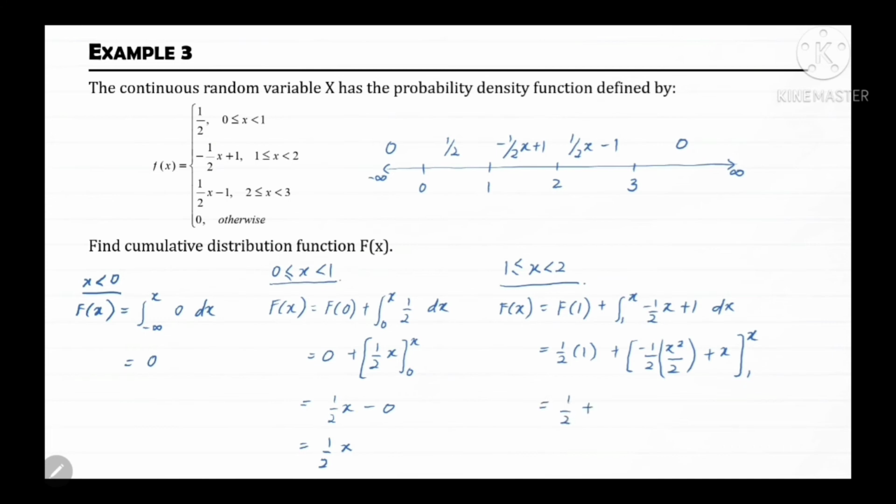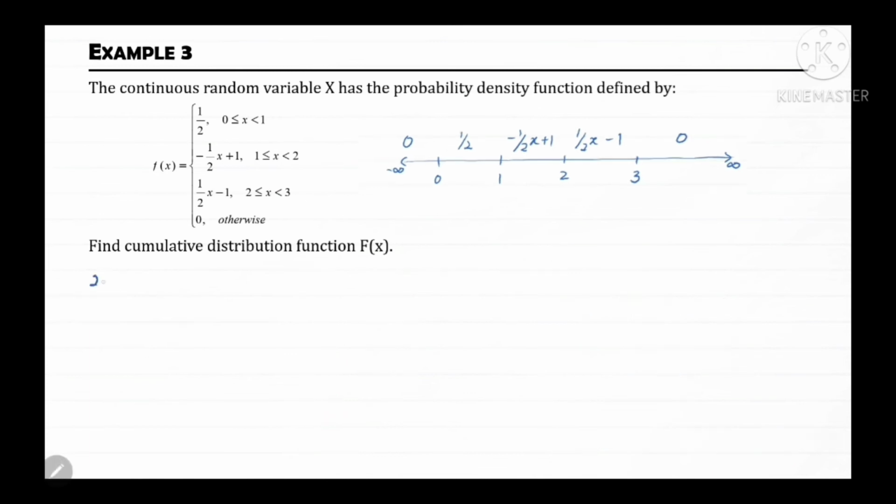So 1 over 2 plus negative x squared over 4 plus x from 1 to x. 1 over 2 plus, substitute, negative x squared over 4 plus x minus negative 1 over 4 plus 1. Simplify, we get negative x squared over 4 plus x minus 1 over 4.